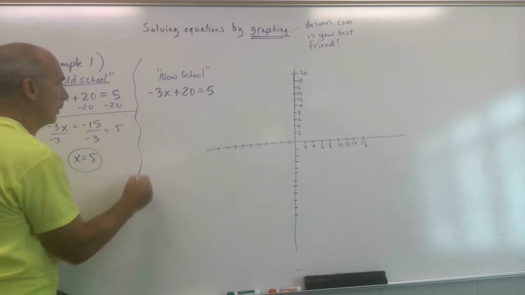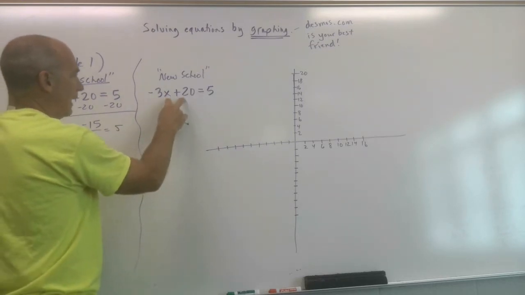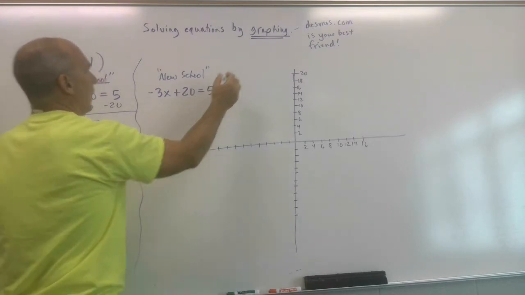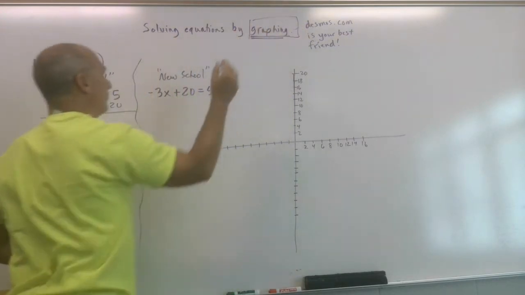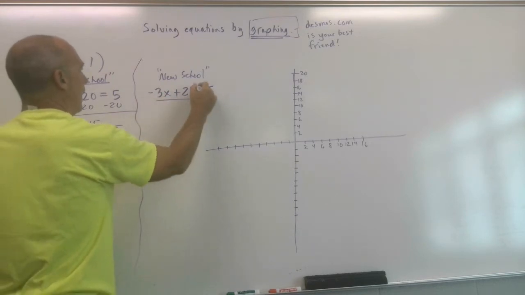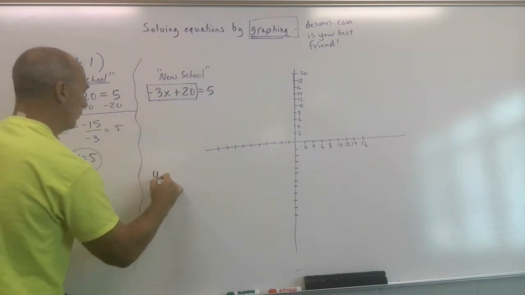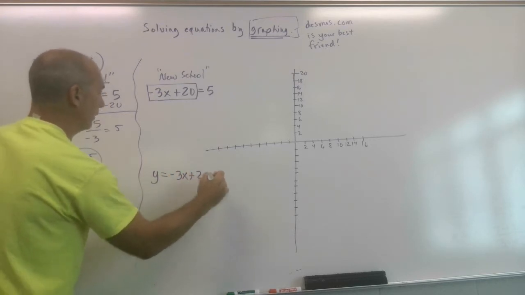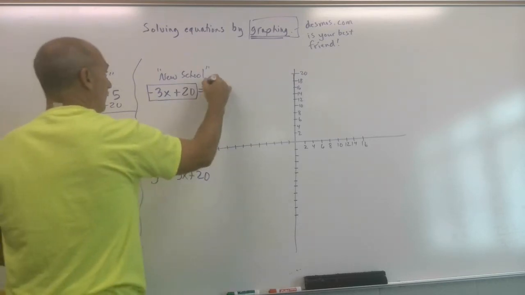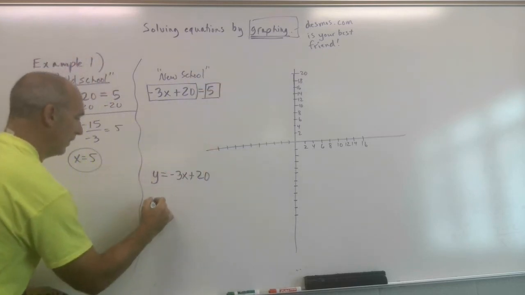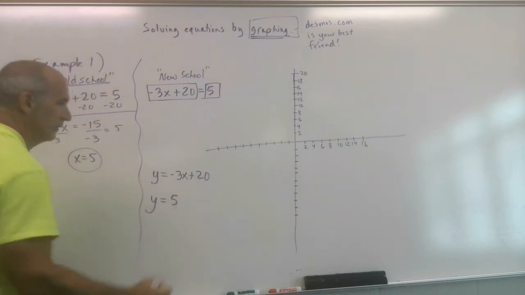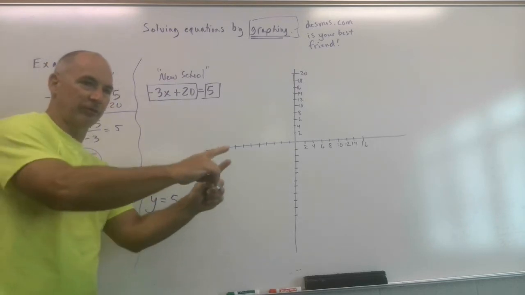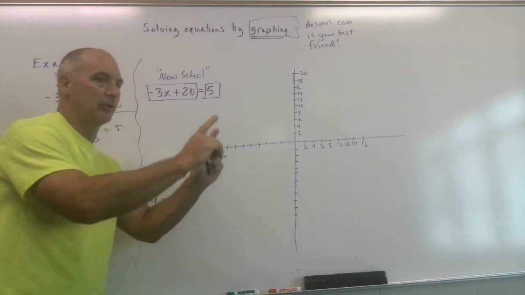The new school is saying, okay, if negative 3x plus 20 equals 5, and I have to solve it by graphing, then I'm going to set this side equal to y, so I get y equals negative 3x plus 20, and I'm going to graph that. And if it equals this side, then I can set that also equal to 5, graph this, and find out where they intersect.